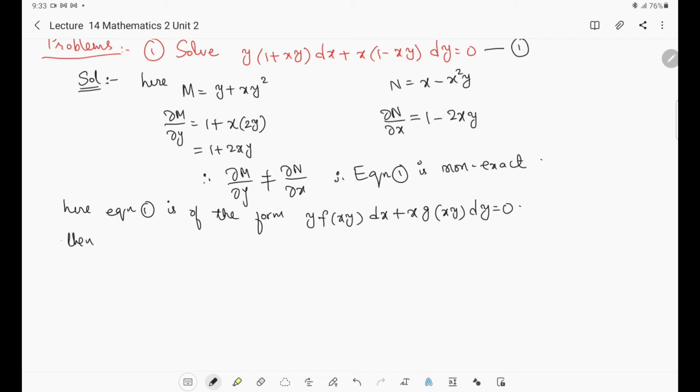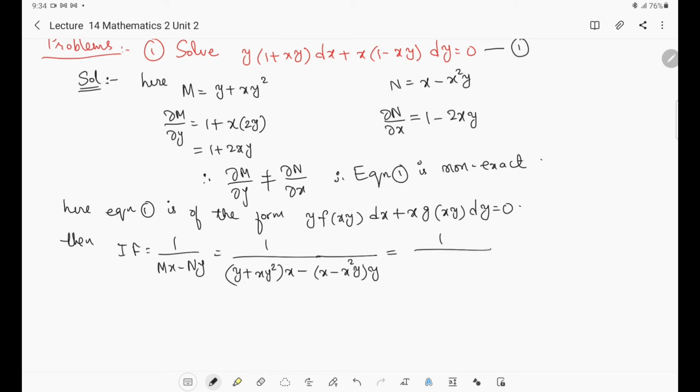Then we know that the integrating factor, as we have just defined, is given by 1 by (Mx minus Ny). So 1 by, what is M here, y plus xy square, into x, minus N. What is N here? N is x minus x square y, into y.